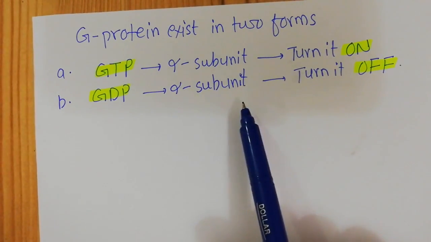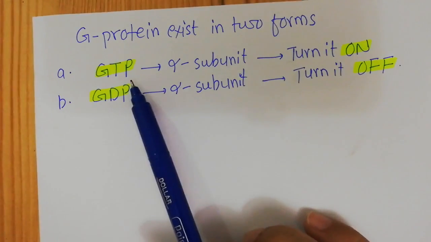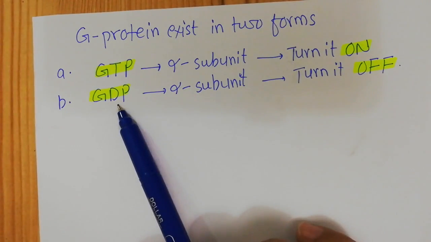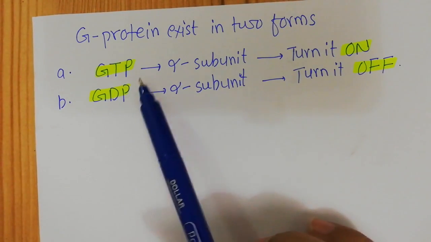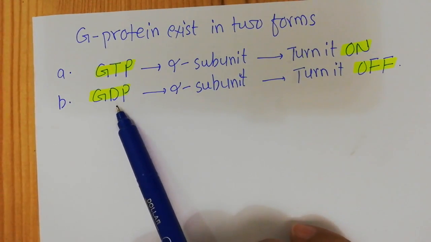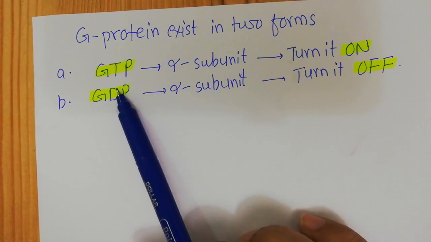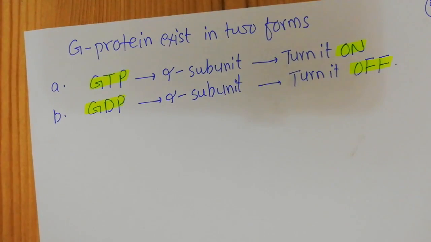So the activity of the alpha subunit of the G protein depends on the attachment of a GTP or a GDP molecule. If you need the activity of the alpha subunit, you will be adding a GTP molecule to it, and if you do not need its activity, you are going to add a GDP molecule over here, and we will discuss that in detail, how this conversion between the GTP and the GDP takes place, in the next video.